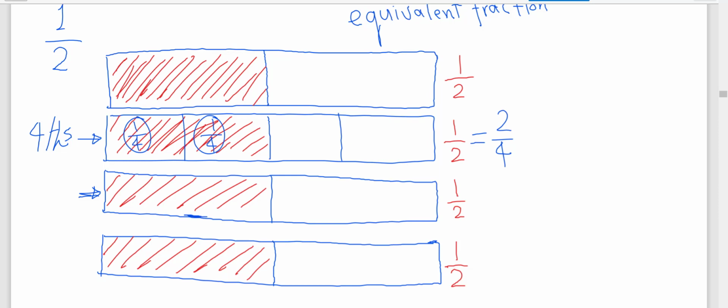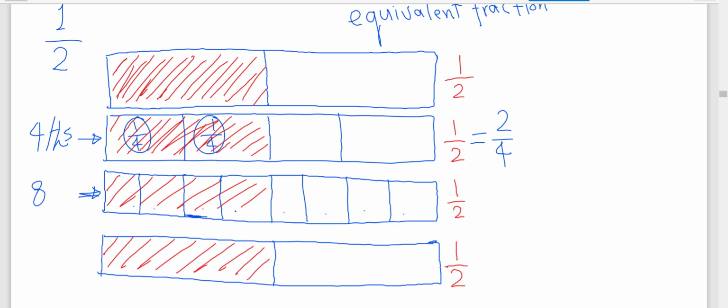Okay, if we divided this one whole into 8 equal parts, how can we divide it? At the first, we divided it into two equal parts. Then divide each part into two equal parts. Then divide each part into two equal parts again. Now, how many parts do we have? 1, 2, 3, 4, 5, 6, 7, 8.